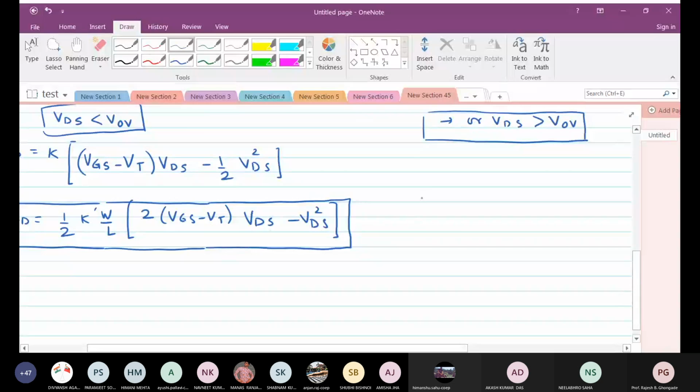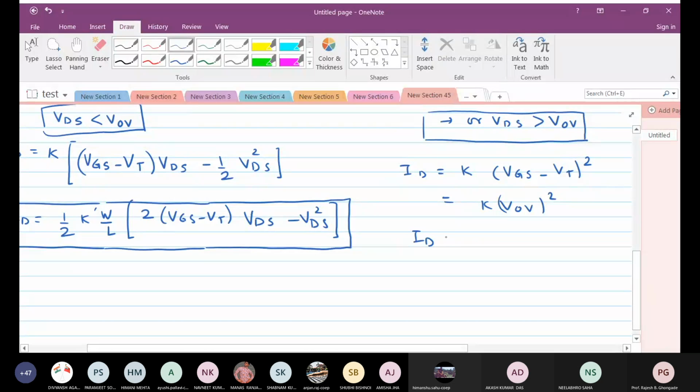And the drain current equation is given as K into VGS minus VT bracket square. I can simply write this as K into VOV bracket square, because VGS minus VT is nothing but VOV.